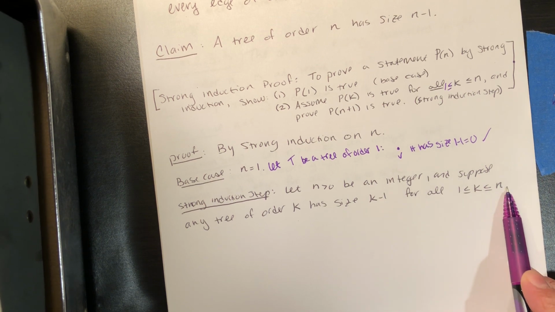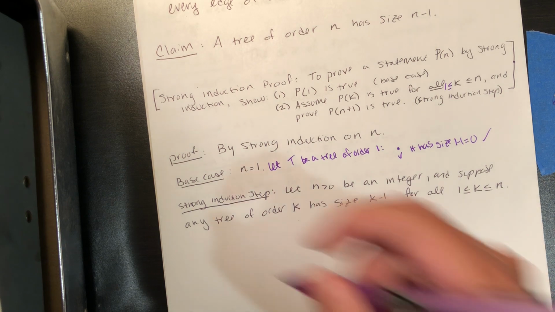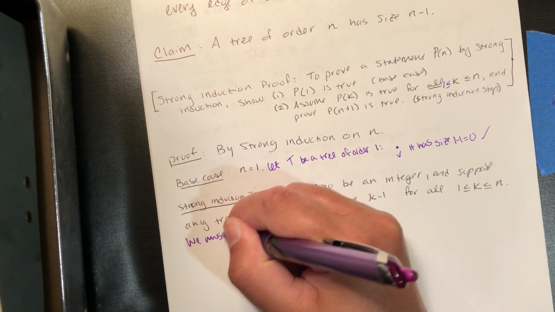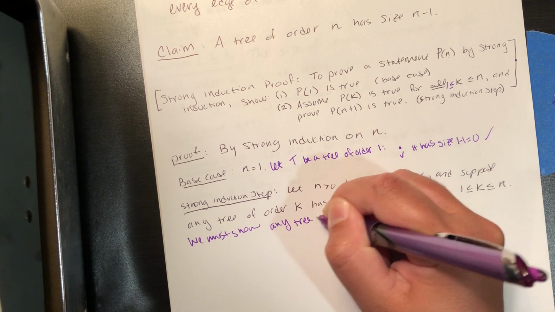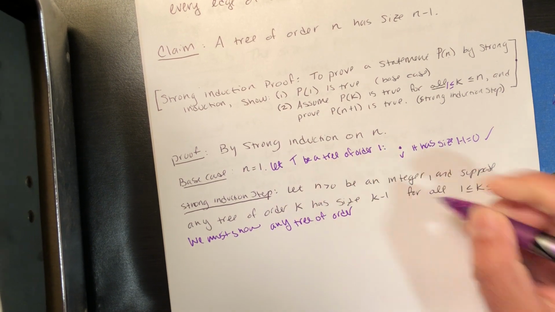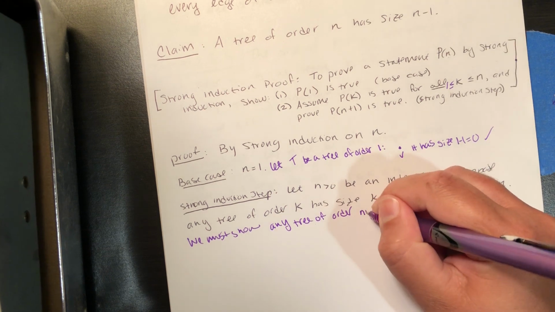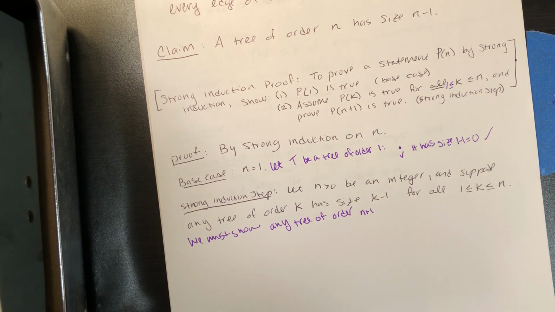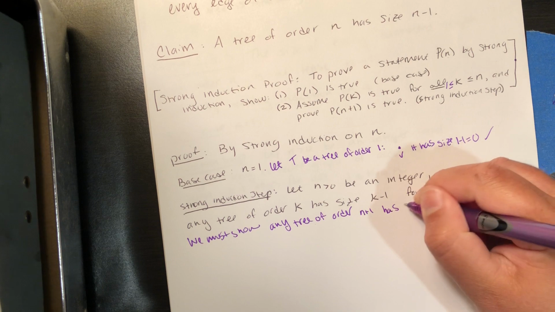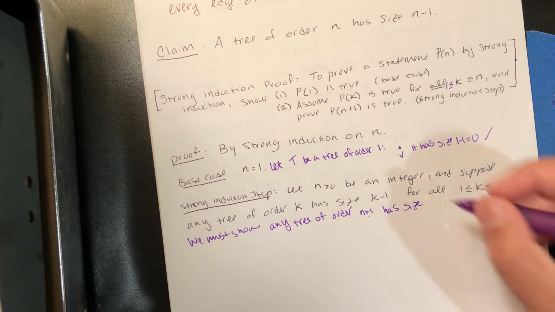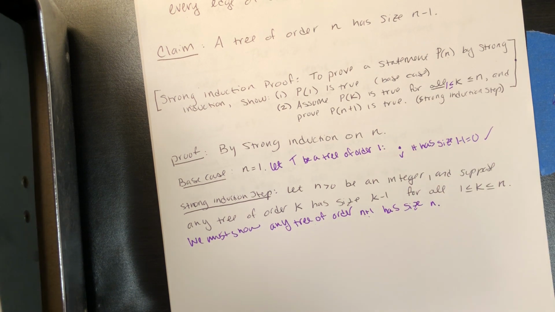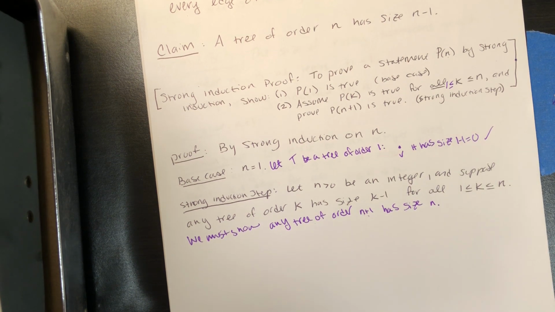We then must show that any tree of order n plus 1 has size 1 less than the order. So n plus 1 minus 1, so it has size n. Right, so assume that the statement is true for any tree of order n, and prove that it's true for a tree of order n plus 1.